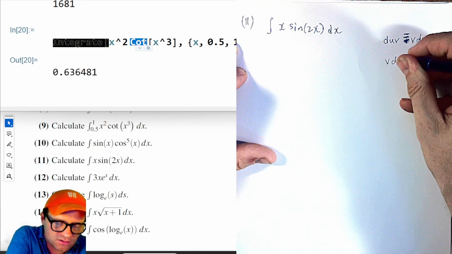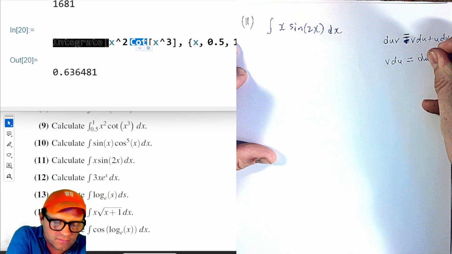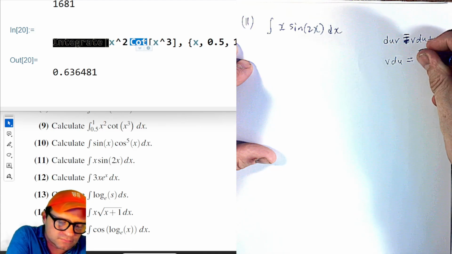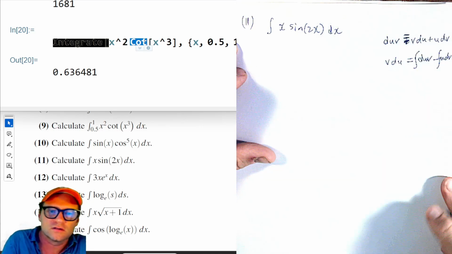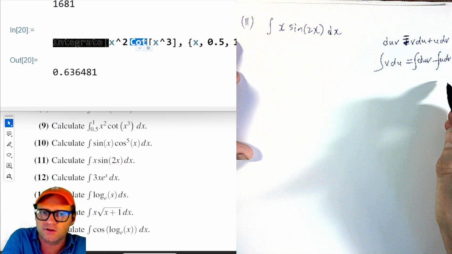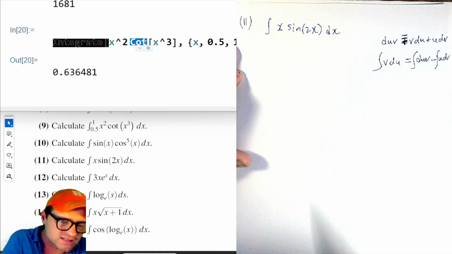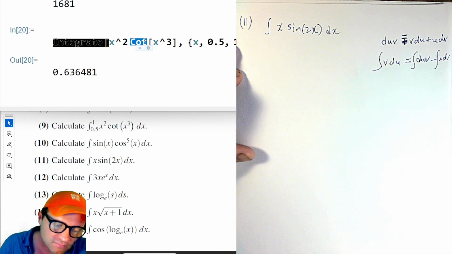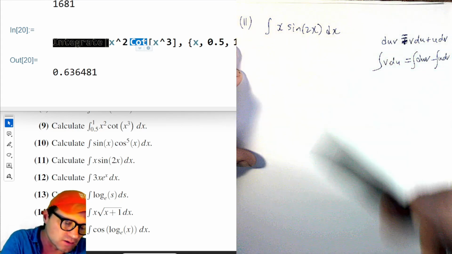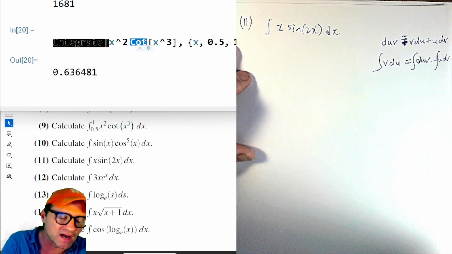So v du is d(uv) minus u dv. Okay, so here's our integration by parts formula. Can we view this in that way? Now, I choose the one whose derivative can cycle around. All right, and so let's replace sine by a derivative.